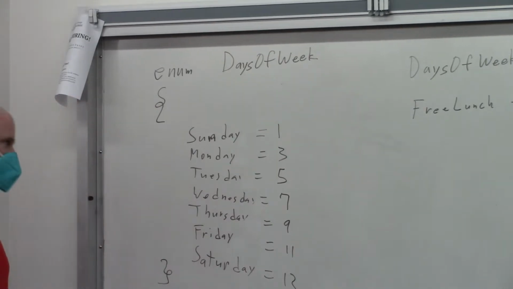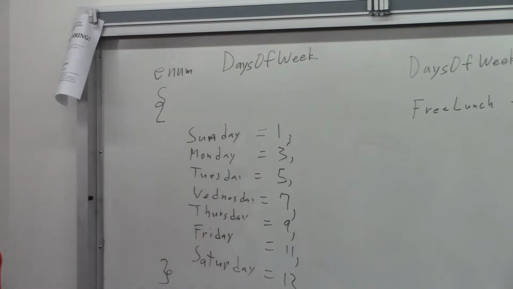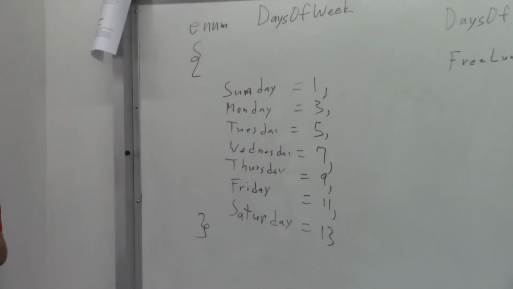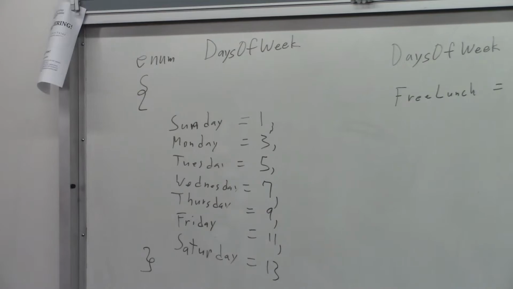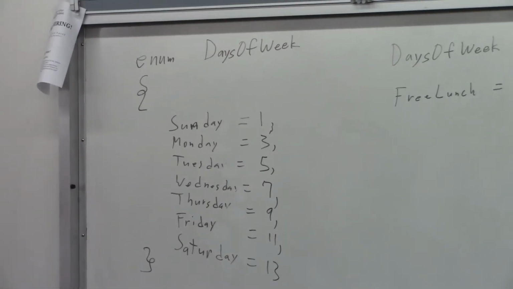But you can assign specific numbers to those enumerated values. And then those are the numbers used. If you don't specify, the compiler will start at 0 and go on. If you do specify, the compiler will use what you specify.